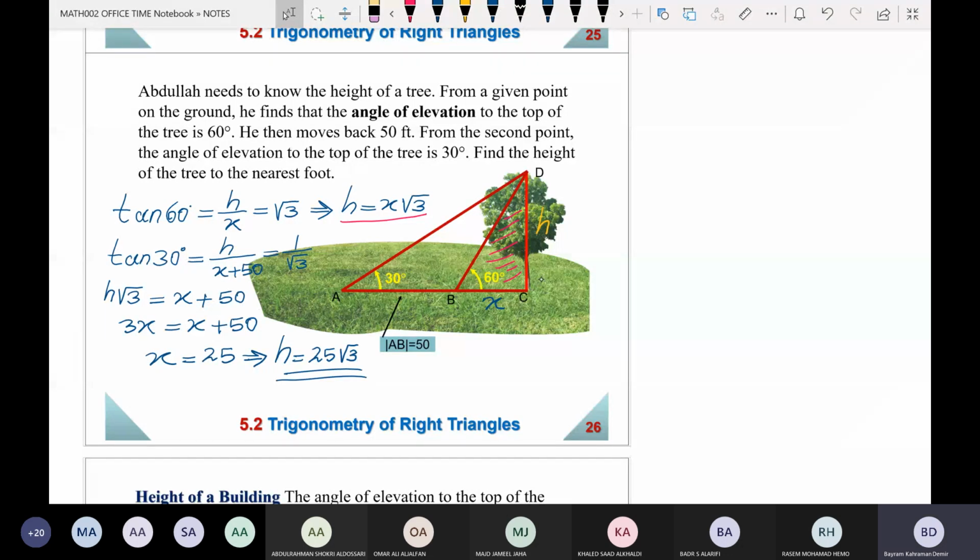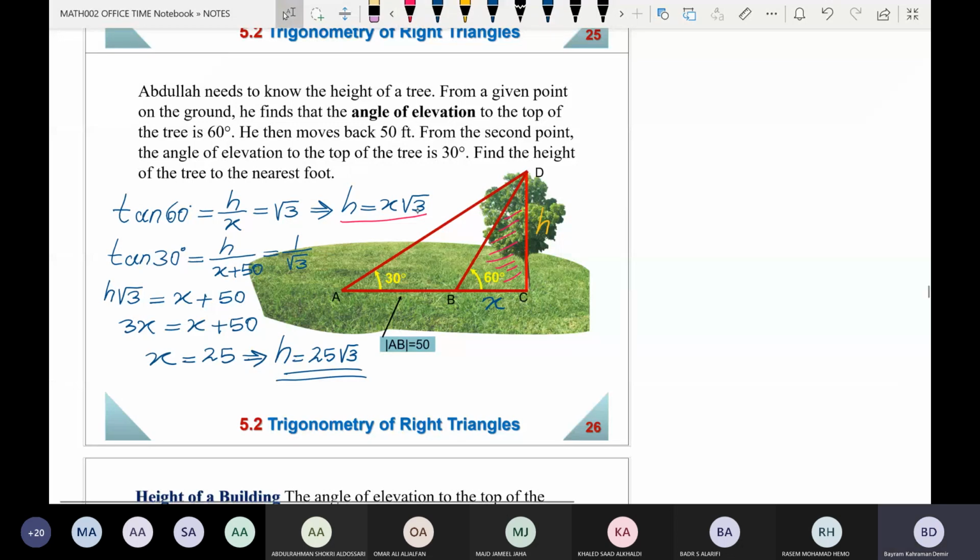And the other side is from A to C, which is 50 plus X. So H divided by X plus 50 should be equal to 1 over √3, which is the tangent of 30, of course. And by cross multiplication, you get H times √3 equals X plus 50.